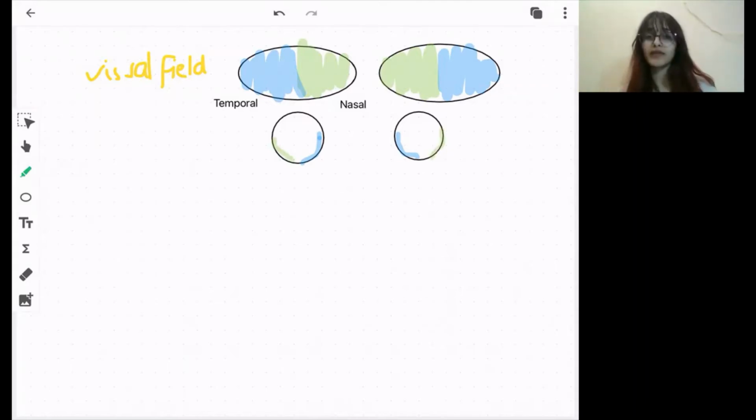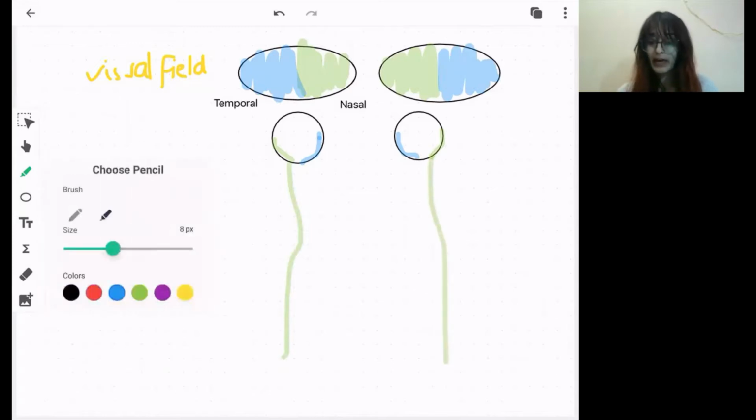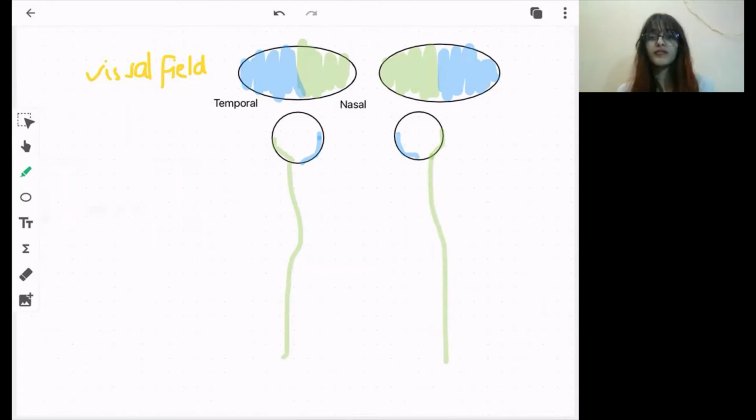And now the fibers coming from the lateral retina, they do not cross, they go on the same side, but the fibers which are coming from the medial retina, they cross to the opposite side, like so.